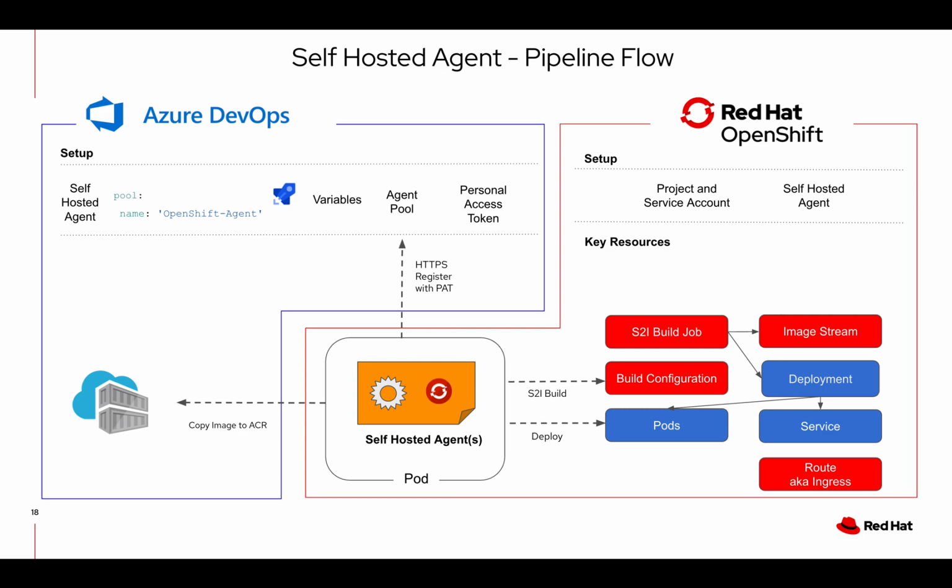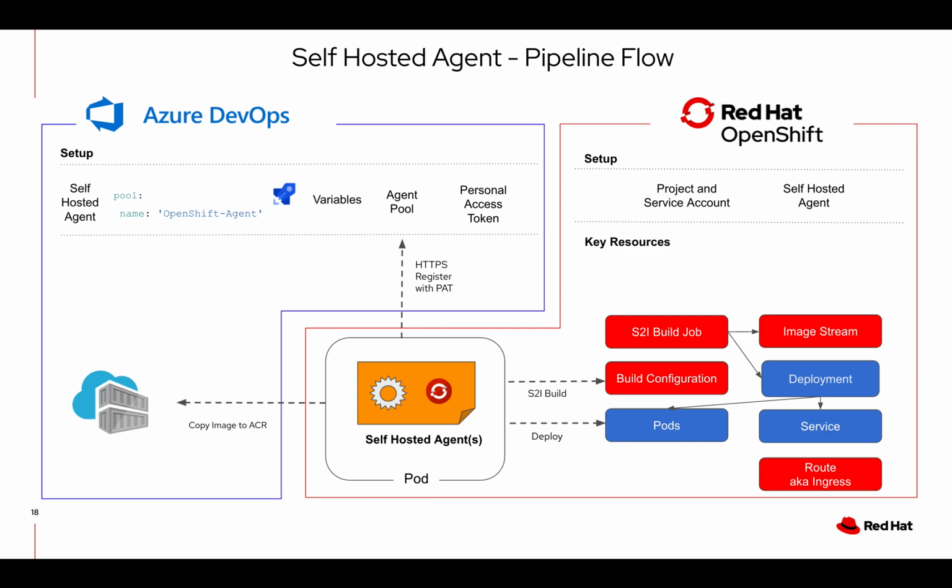But what I have had to do is have some setup in Azure DevOps, and I've had to get a personal access token. This personal access token is what the self-hosted agent is using to connect into Azure DevOps. It's also connecting within an agent pool, so I'm capable of scaling that self-hosted agent up as much as I like in OpenShift.